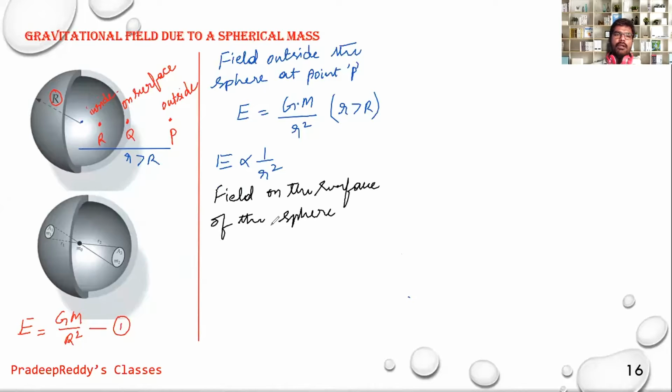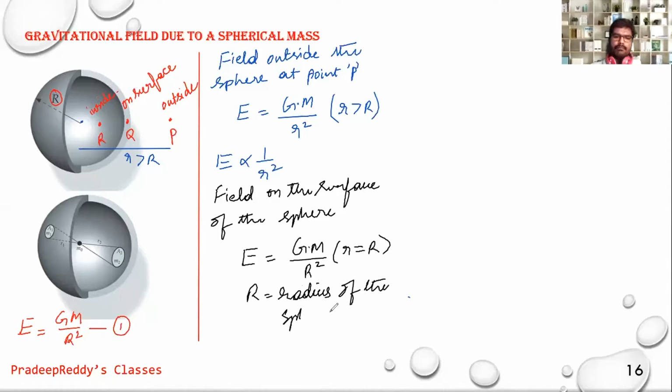So therefore, on the surface of the earth, you can consider gravitational field E is equal to capital G capital M divided by R square, where small r is equal to capital R, where capital R is radius of the sphere.